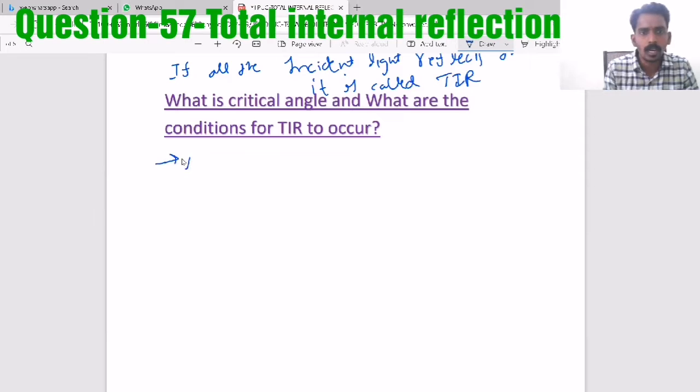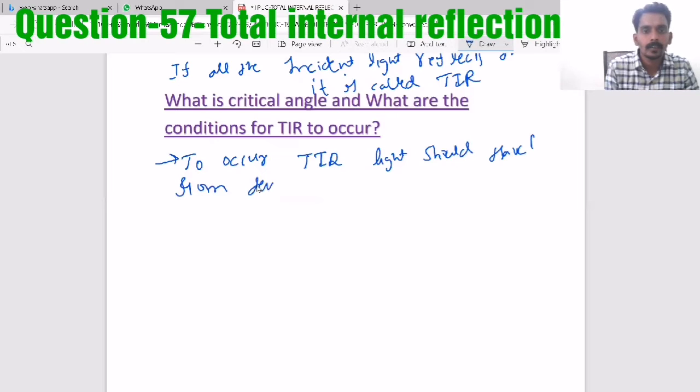Now, to occur total internal reflection, light should travel from denser to rarer medium. That is the first condition, then only it is possible.